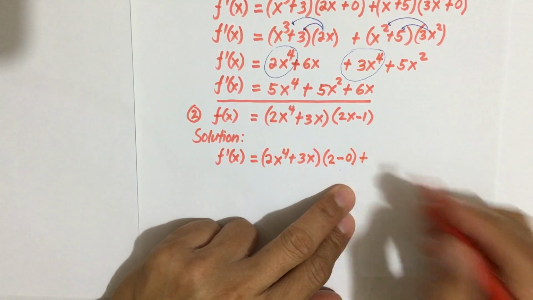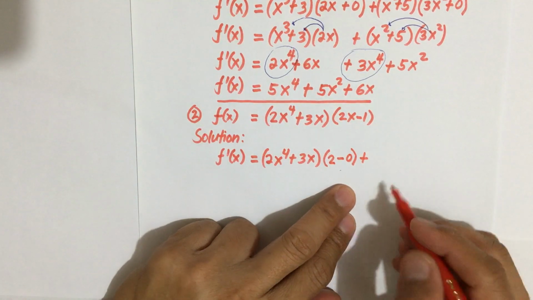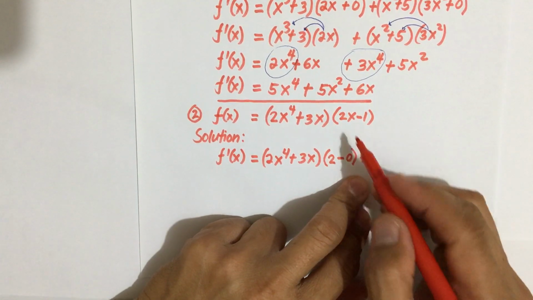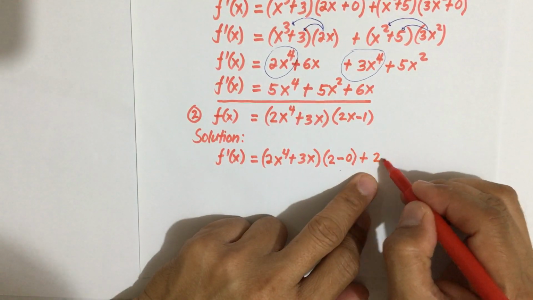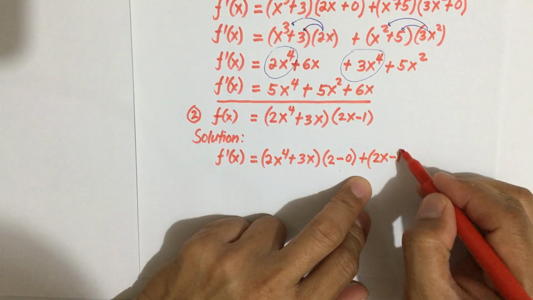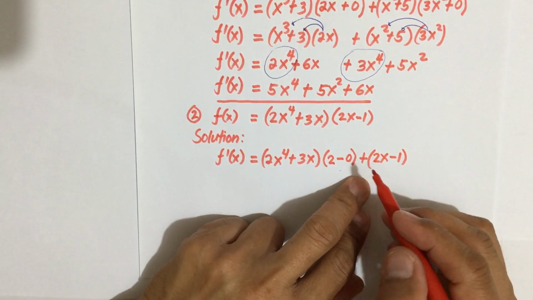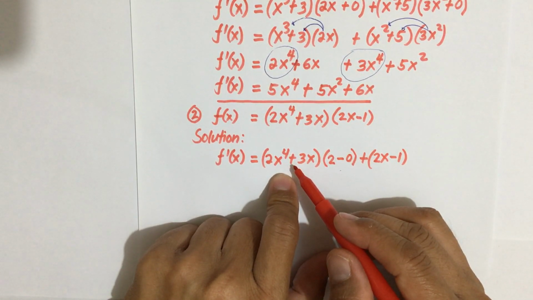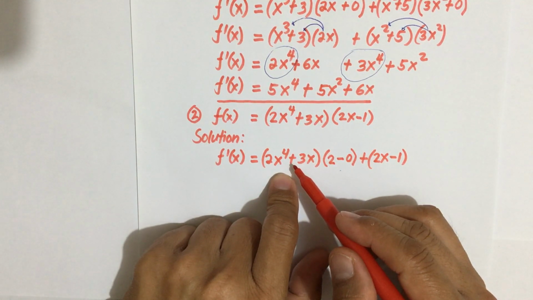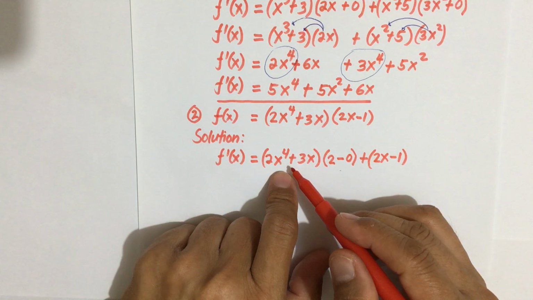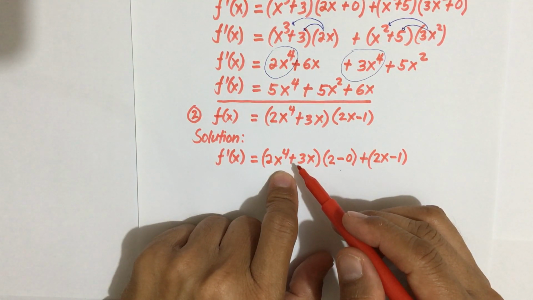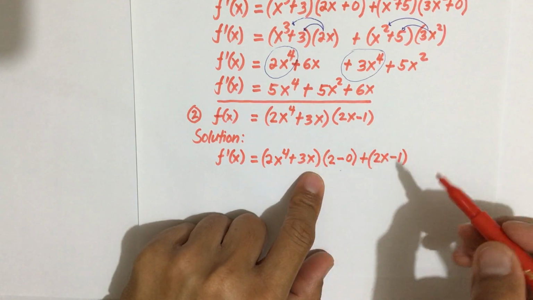Okay, so plus, you have to copy the second factor. Our second factor is 2x minus 1, then multiplied by the derivative of the first factor. So to differentiate this, we will use the constant multiple rule and the power rule, as well as the sum rule.